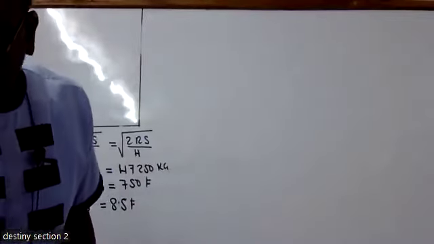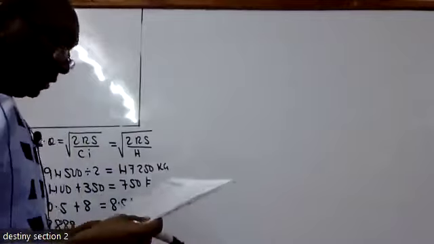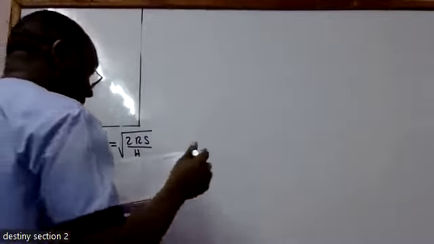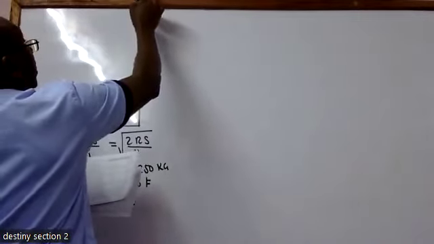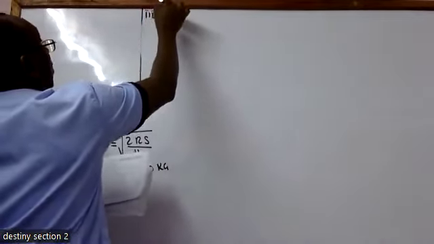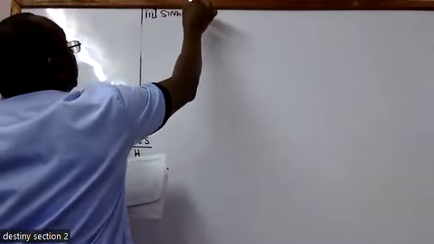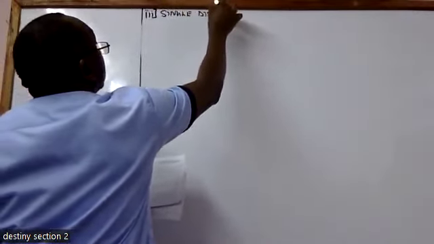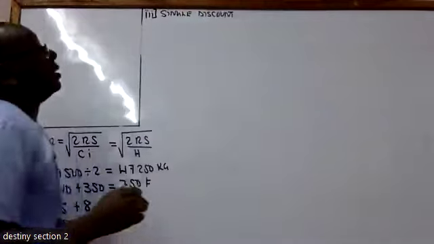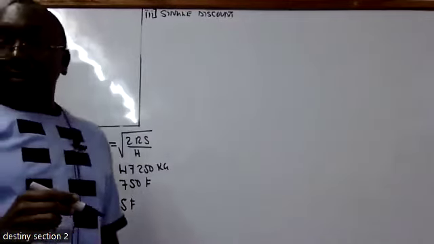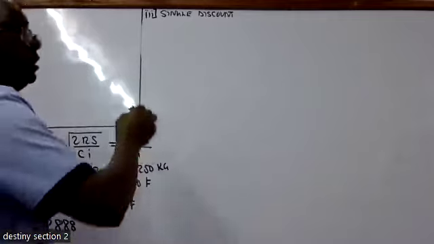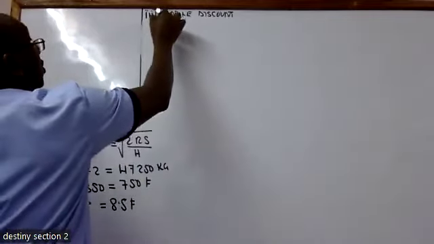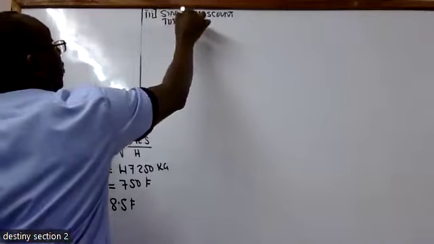I'm saying now that we are being asked about discounts, this is a case of what we call the SIGO discount. With the SIGO discount, first of all, we remind ourselves of the formula.